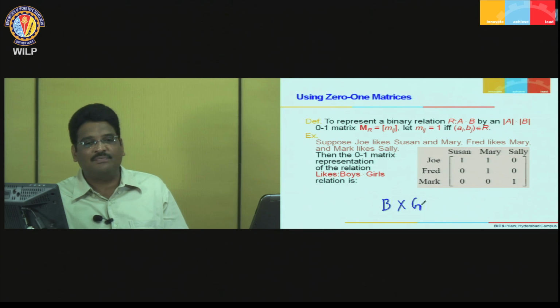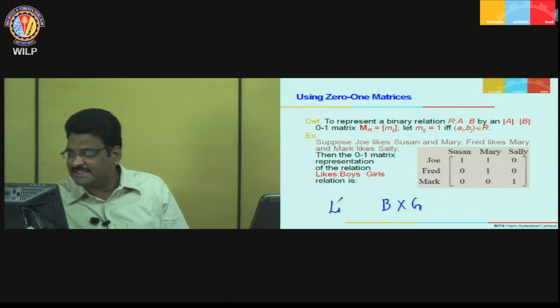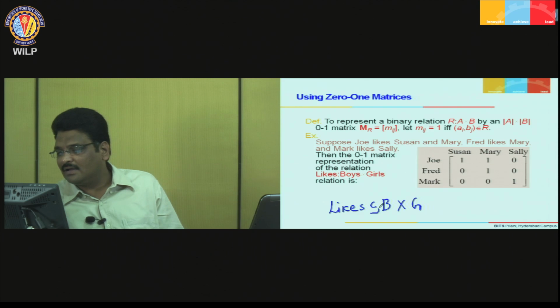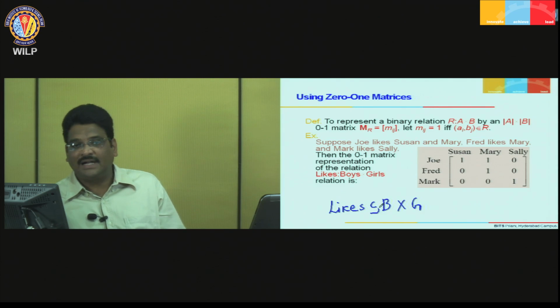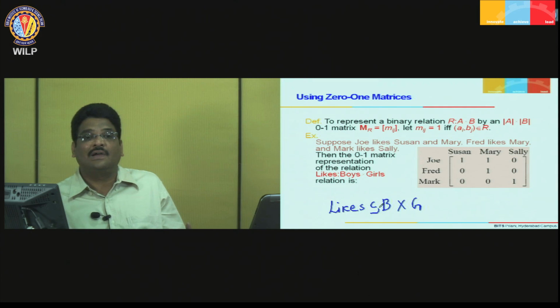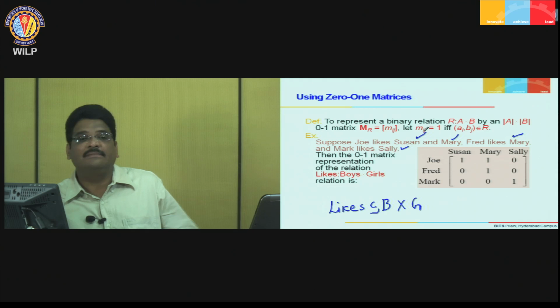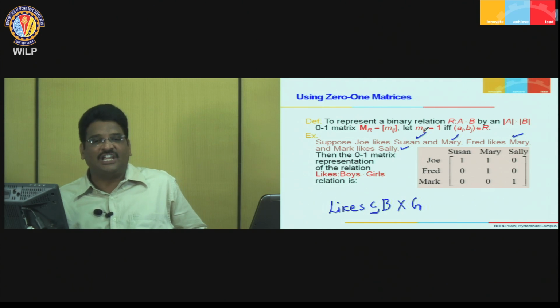This is the Cartesian product, B cross G, and here I am talking about the likes relation. Likes is a subset of B cross G, and I am going to define it here: Joe likes Susan, Joe likes Mary, Fred likes Mary, and Mark likes Sally.